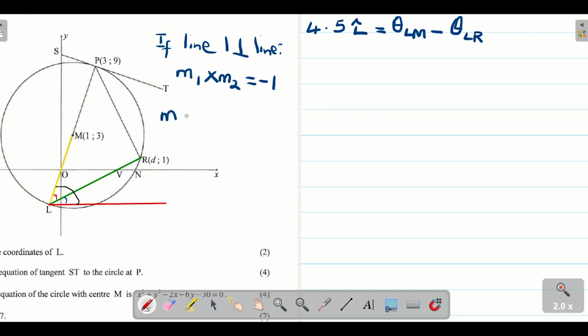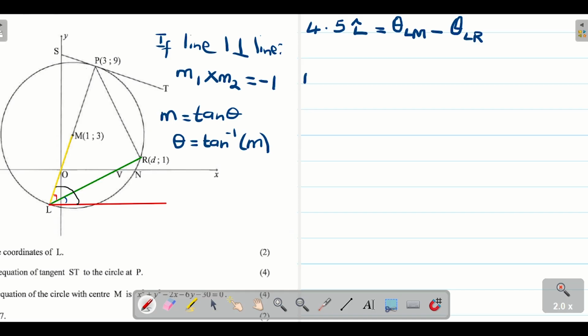We know that M equals tan theta, and then theta, the angle of inclination, will equal arctan of the gradient. So it means that we need the gradient of LM and we need the gradient of LR. So what is the gradient of LM?